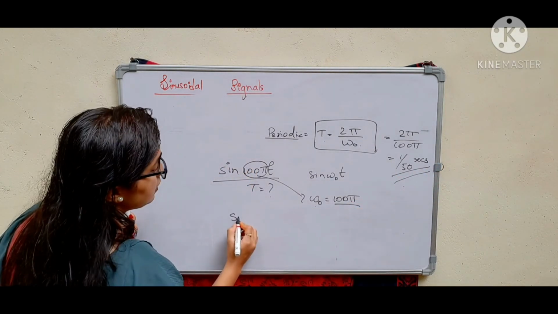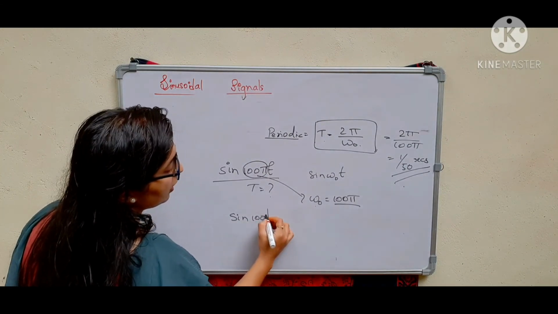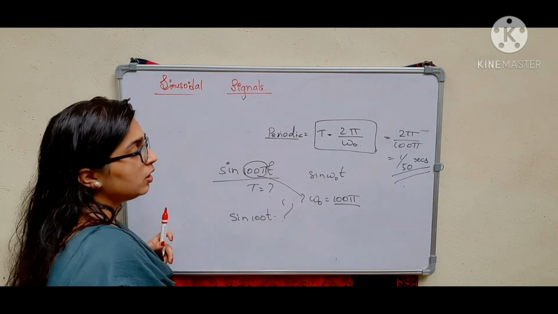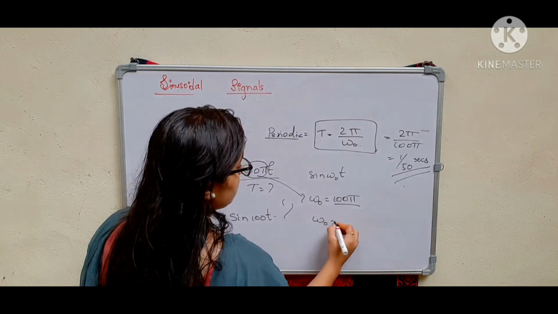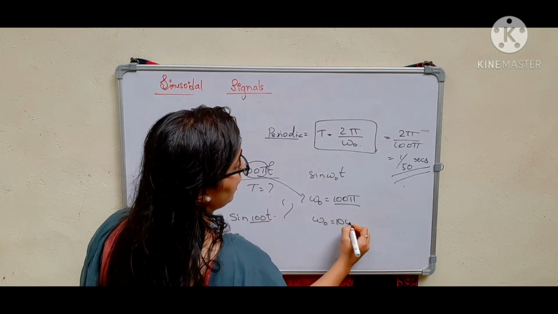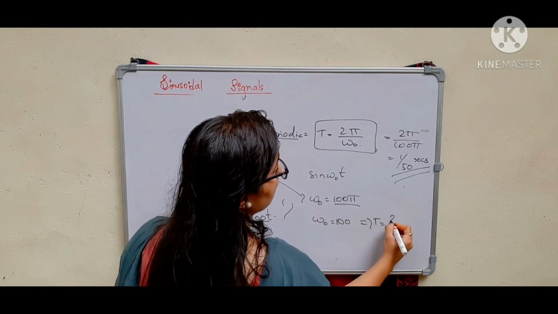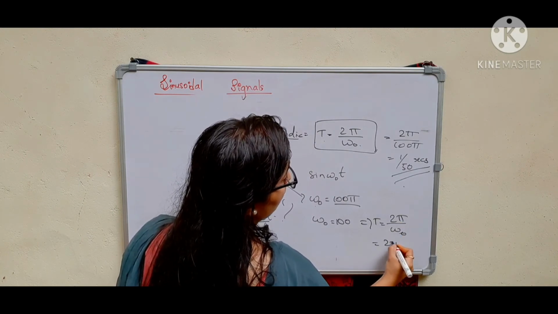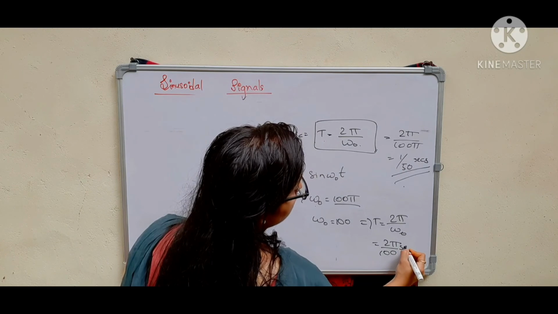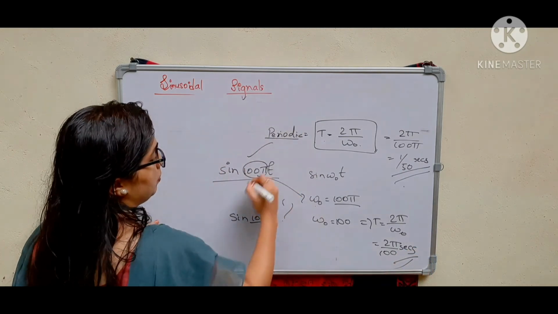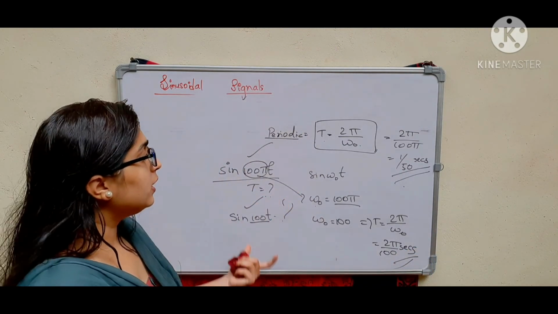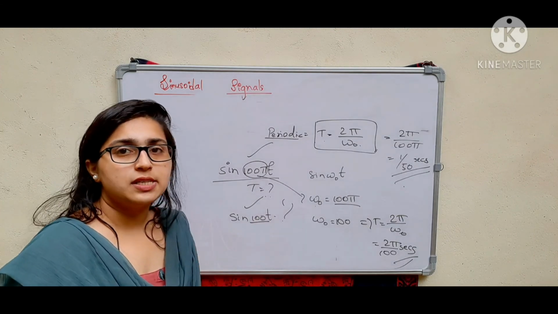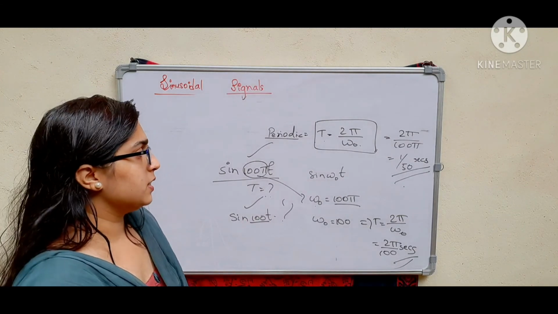If I consider sine 100t, is this periodic? Yes, this is periodic. Here omega naught is 100, so T is equal to 2 pi by omega naught, that means 2 pi by 100 seconds. So both are periodic. All the continuous time sinusoidal signals will be periodic signals.